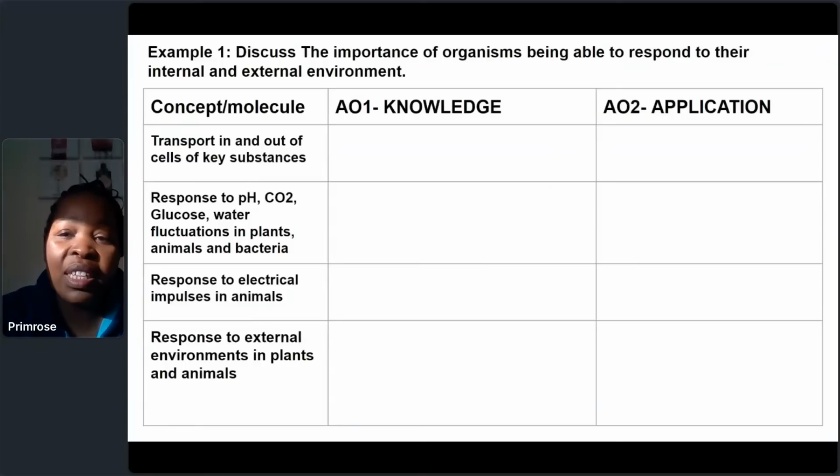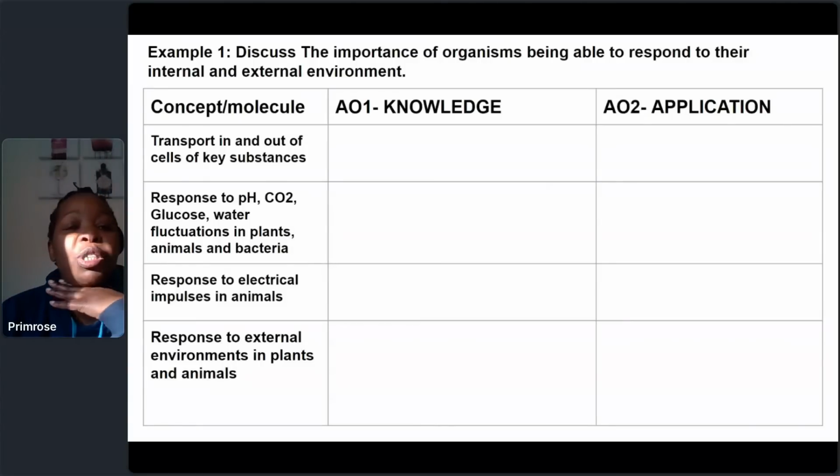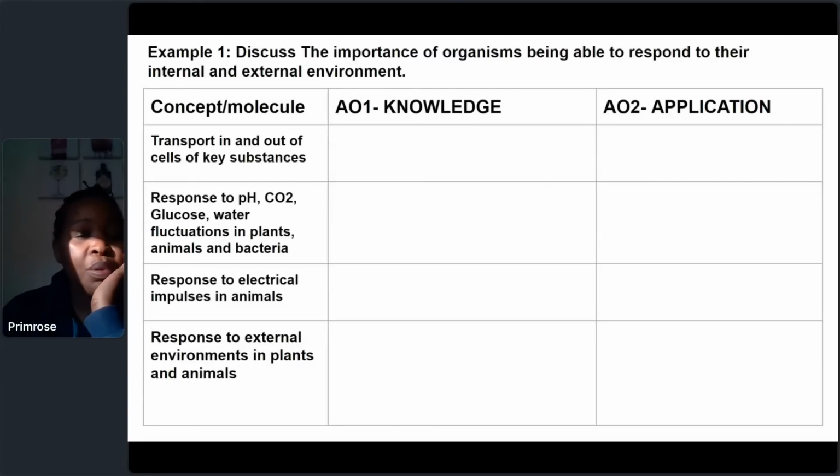And then when you link in the application, you're then covering the importance of that process in response to internal and external environment. Now, this is really an essay about homeostasis, because homeostasis is just where you control your internal and external environment. And so to be able to answer this essay, your knowledge of what goes in and out of cells and what organisms and cells are exposed to will be very, very important.